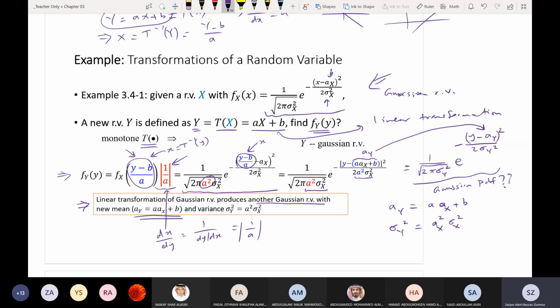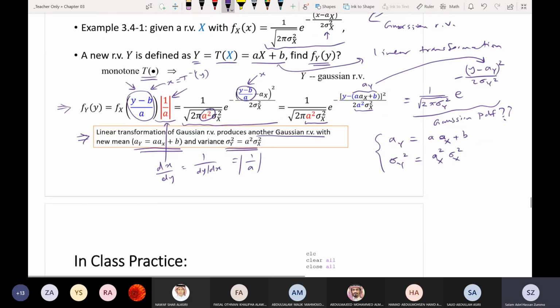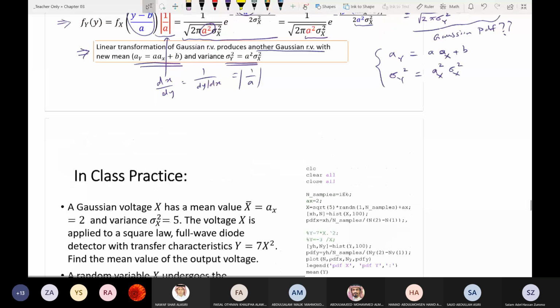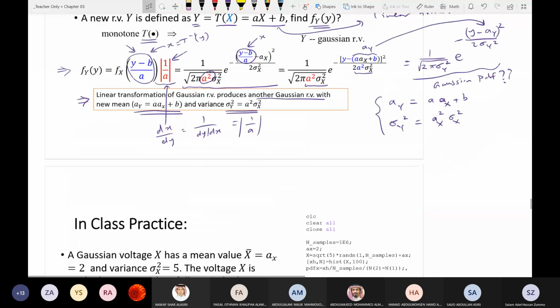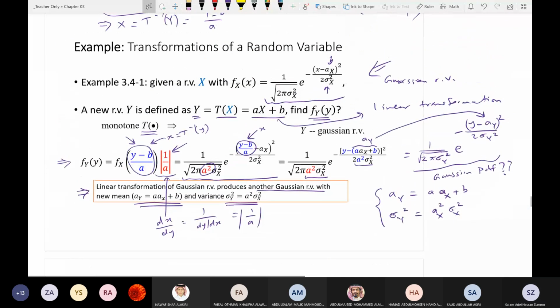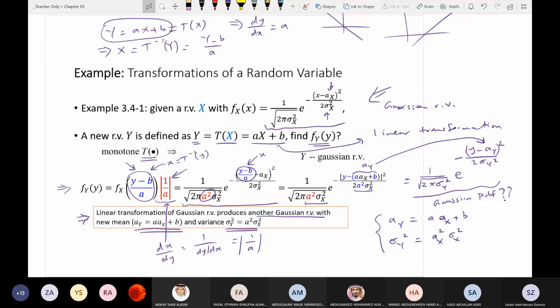This new mean is nothing but as if you are applying the transformation to the mean, and the variance will be multiplied by the amplification, which is a squared. Is it clear? Is the idea clear, guys? So a linear transformation of a Gaussian random variable gives you a Gaussian random variable. Any question? How do we do this? How to find the transformation?